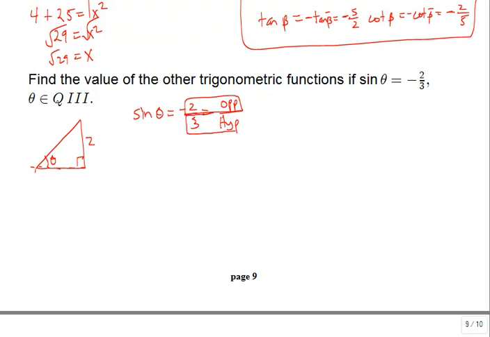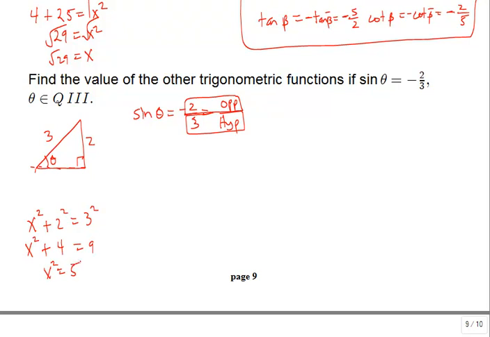And I'm going to let my hypotenuse be the 3. So we're ignoring the signs right now. Now if I know those two sides, what would have to be the third side of this triangle? Well, if we call it x, then the Pythagorean theorem says x squared plus 2 squared has to equal 3 squared. So x squared plus 4 equals 9.